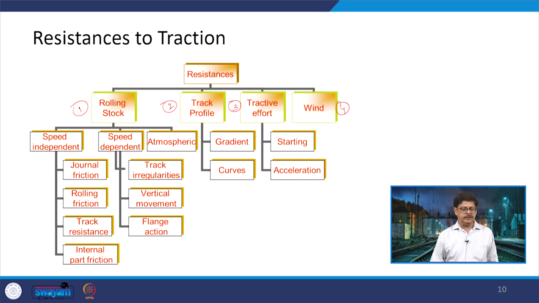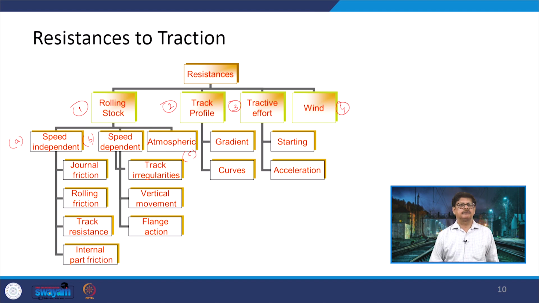In the case of rolling stock, again we have resistances due to the parts where the speed independent conditions are there, they are not governed by the speed, or there are possibilities where they are governed by the speed. So, speed will become one of the parameters or an attribute in that particular calculation, and the third one is the atmospheric condition where we assume that the wind is not blowing.